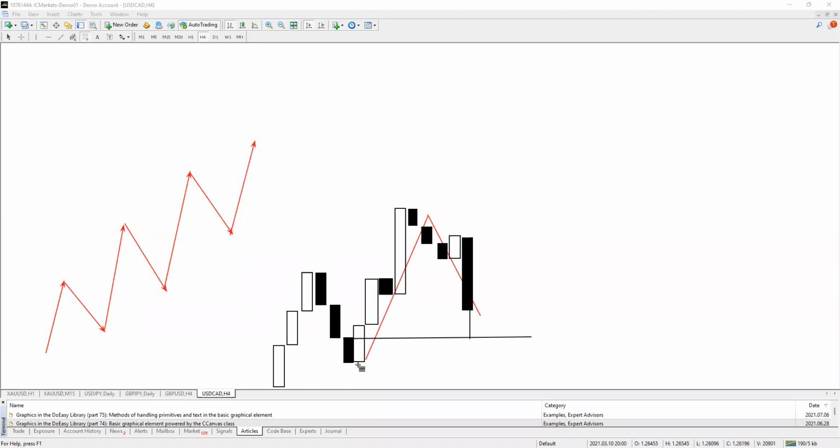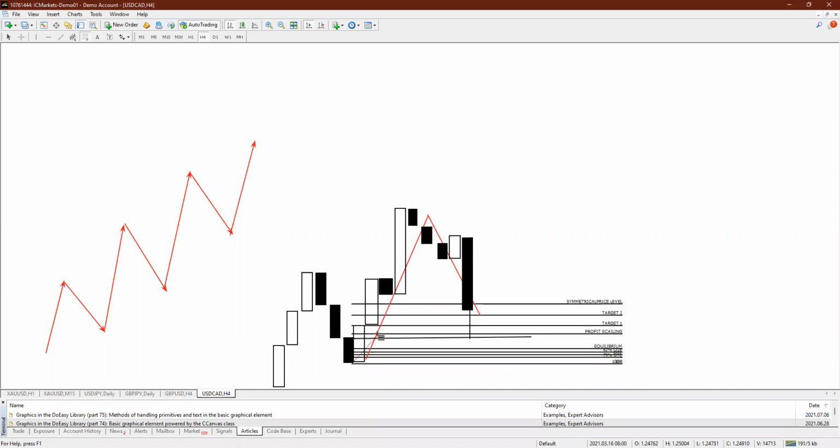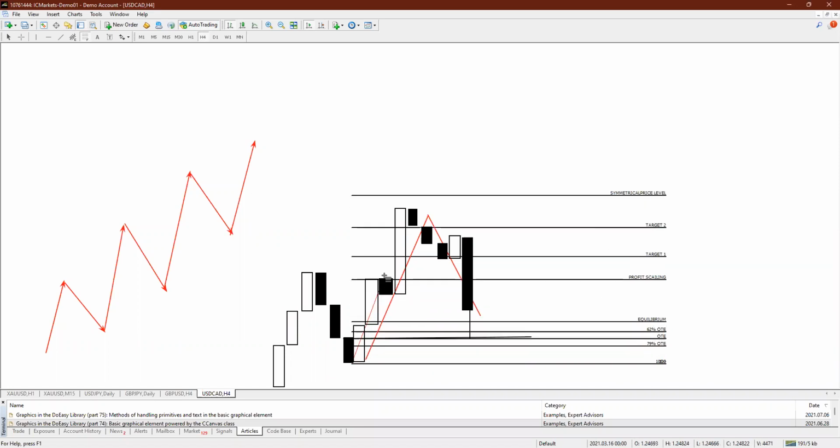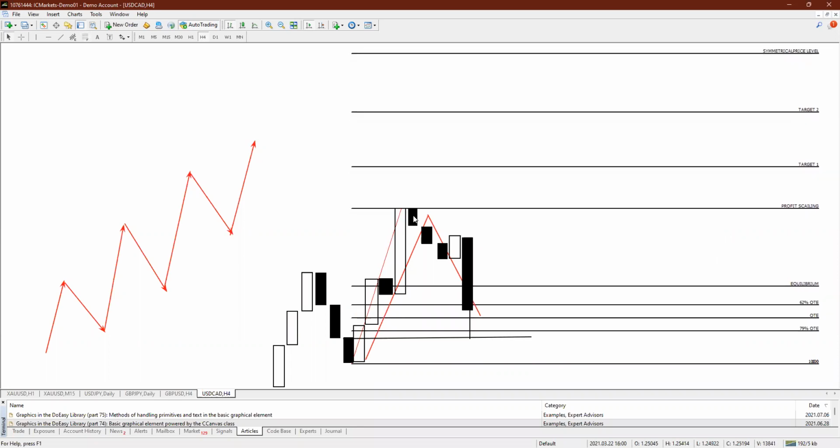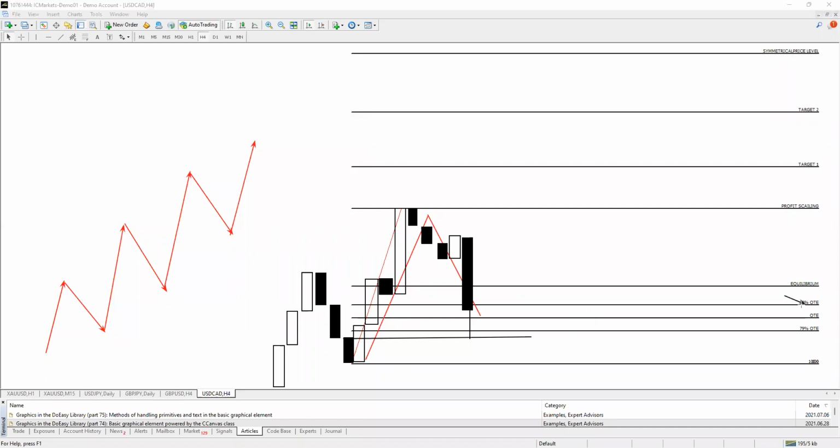Now I bring in my Fibonacci, and then I put it from this low to this high, right? It is believed, out of the Fibonacci calculation, that price always rests or returns within the range of the 62 level OTE and then the 79 level OTE.